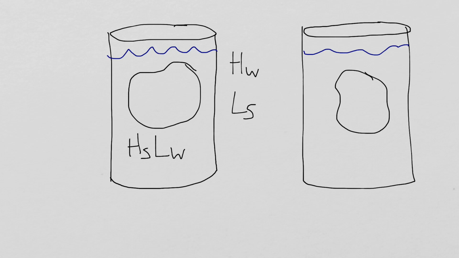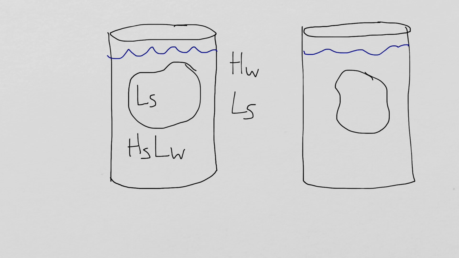And then inside of our cell, this thing right here, we're going to have low solute, because if we have higher on the outside, the opposite has to be true: it is lower on the inside.